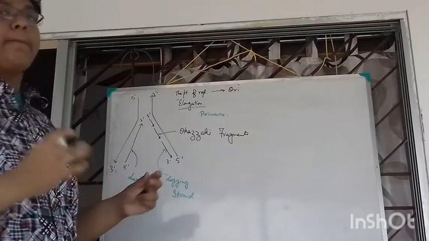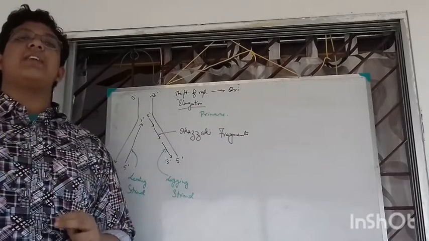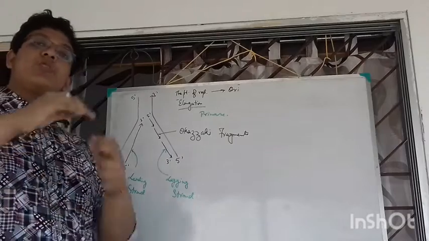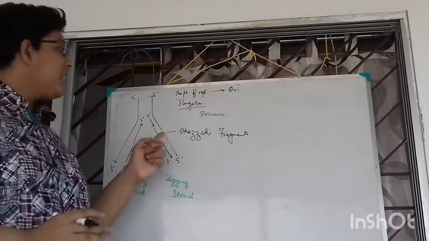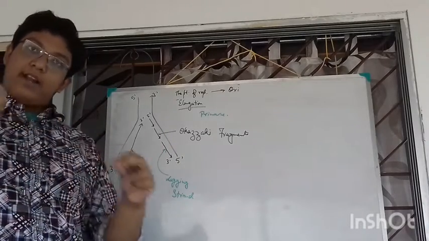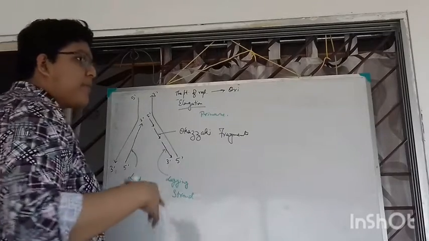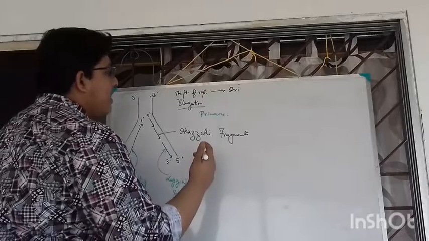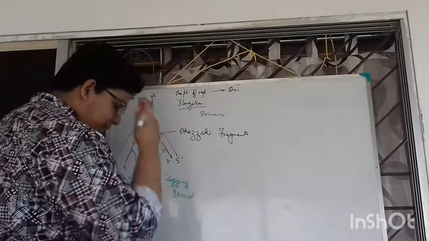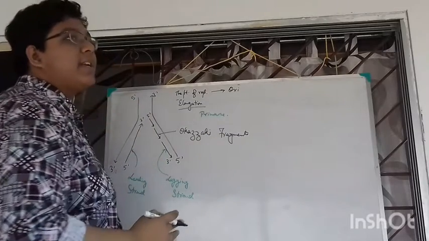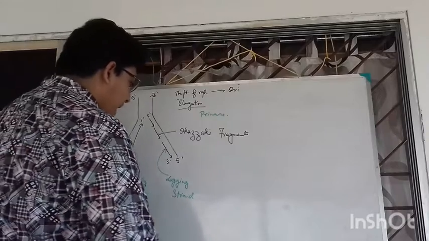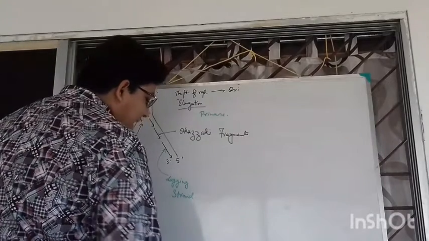A complete DNA never has DNA in the form of fragments. It has a totally synthesized, continuous DNA. To promote this continuity, the enzyme, I'm extremely sorry, the enzyme that is responsible is known as DNA ligase.